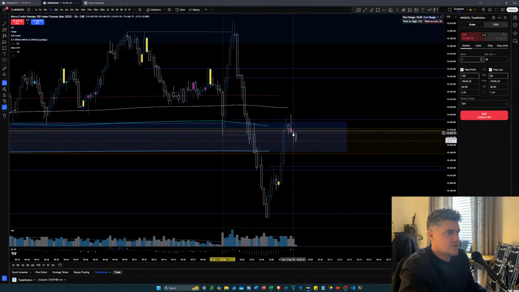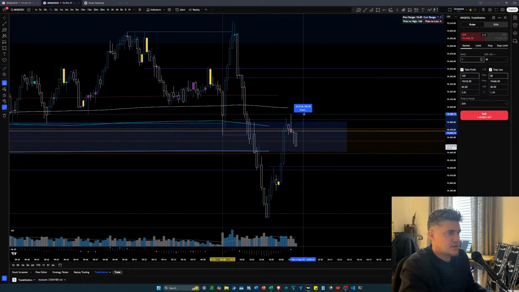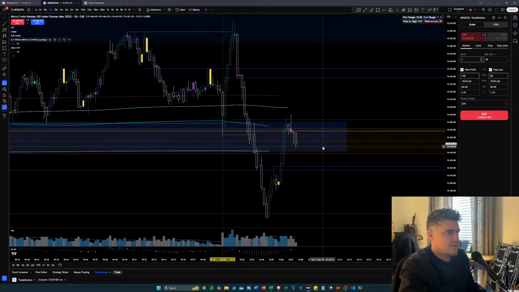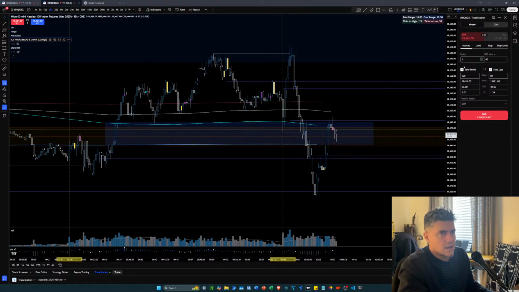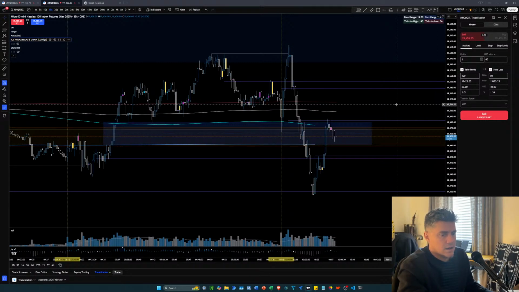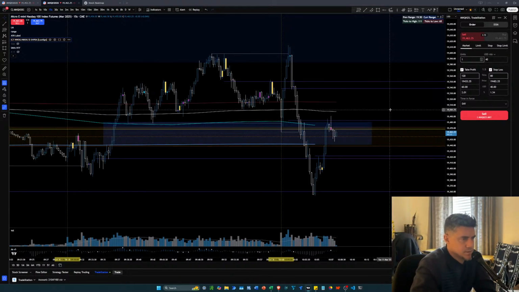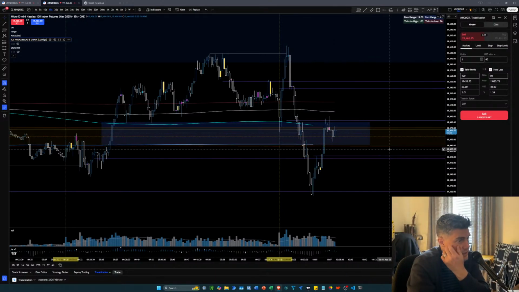I want to take this short so bad, but geez, I got to risk $50 to do it. Just trading my own cash for the first time, coinciding right with the insane increase in volatility is just hard psychologically.